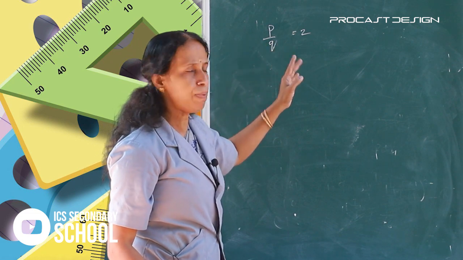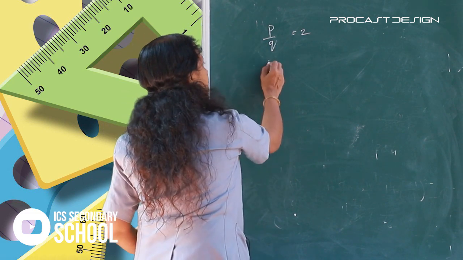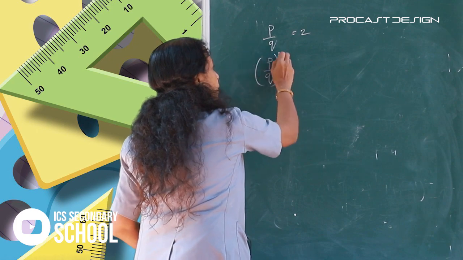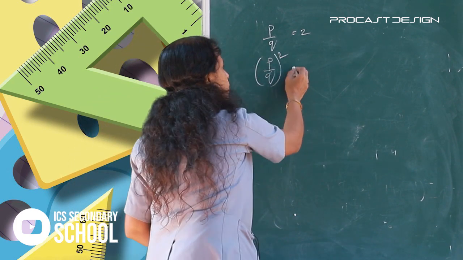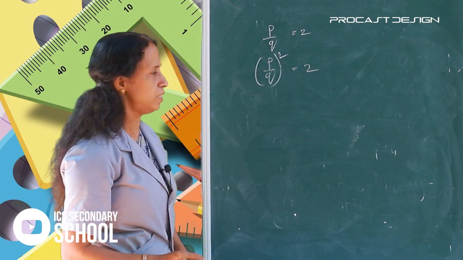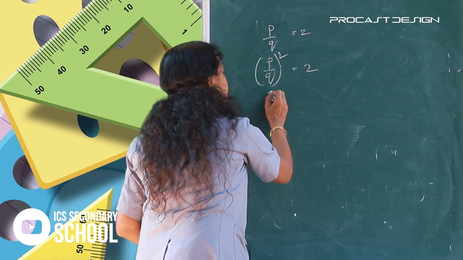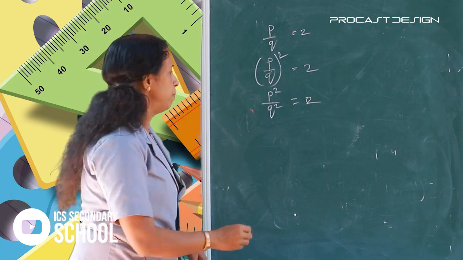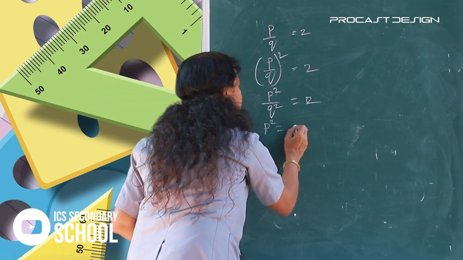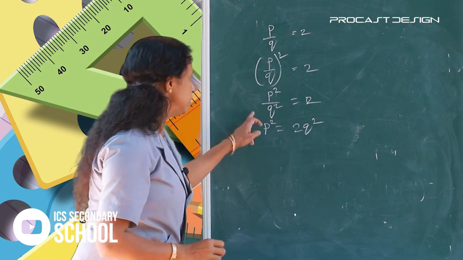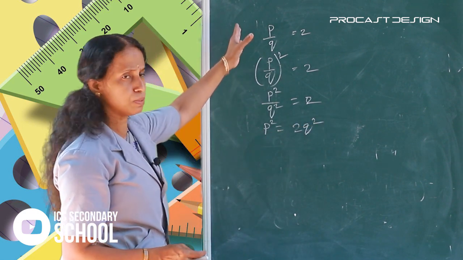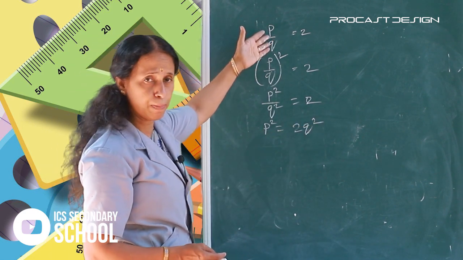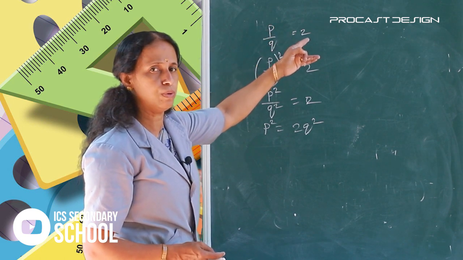Suppose (p by q) square is equal to 2. Then p square by q square is equal to 2, so p square is equal to 2q square.